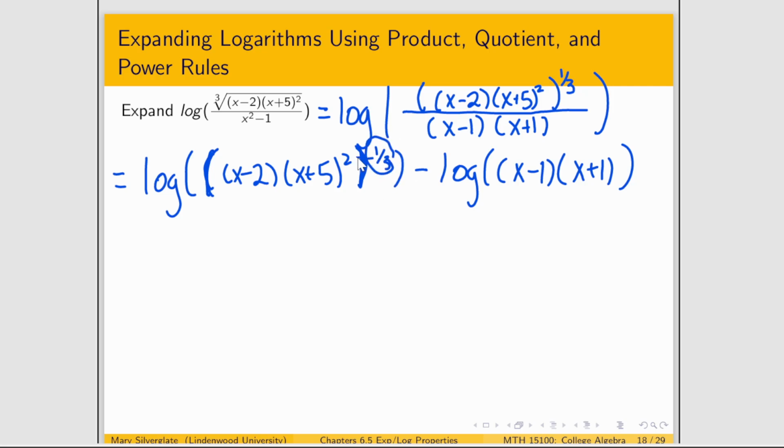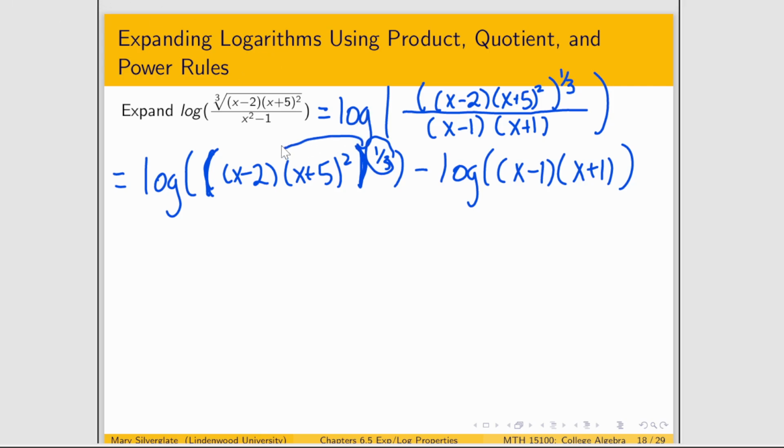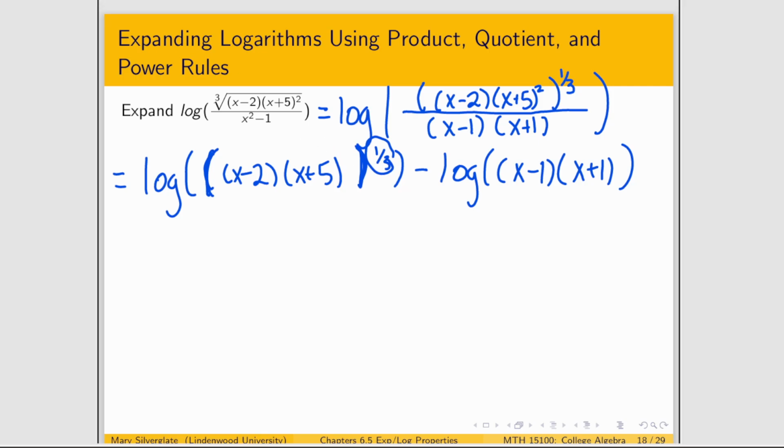I want to move this 1/3 out front first. Or if you don't like doing that, you could instead distribute that 1/3 to each of these terms in the middle. Either way is a completely fine step. I am personally going to move the 1/3 out front because I find that a little bit less messy, but you could do it either way.